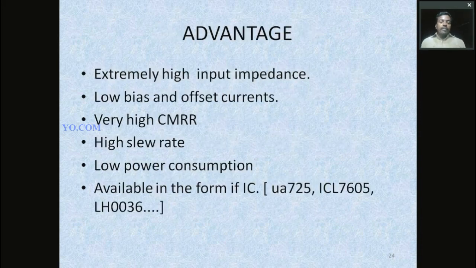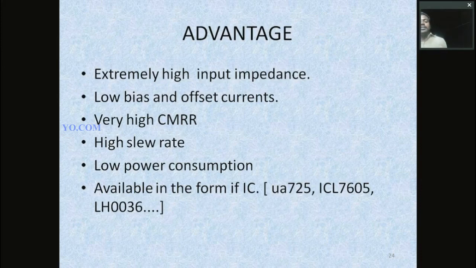Then the advantages of the instrumentation amplifier: extremely high input impedance, low bias and offset current, very high CMRR, high slew rate, low power consumption, and available in the form of IC.